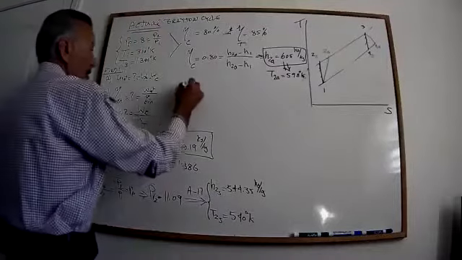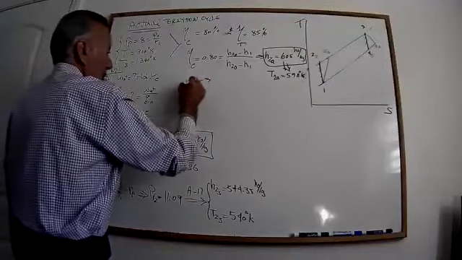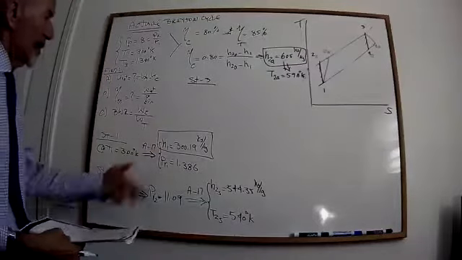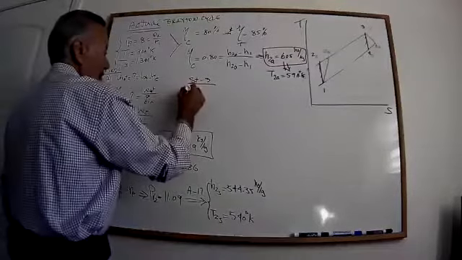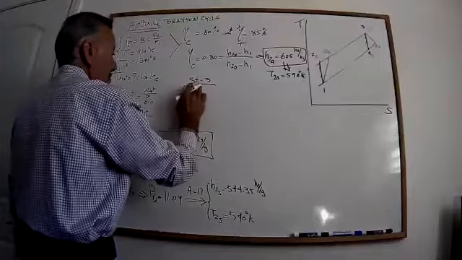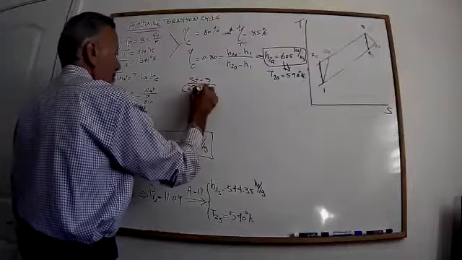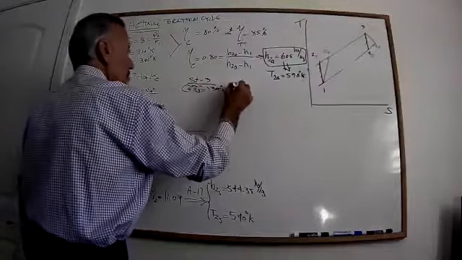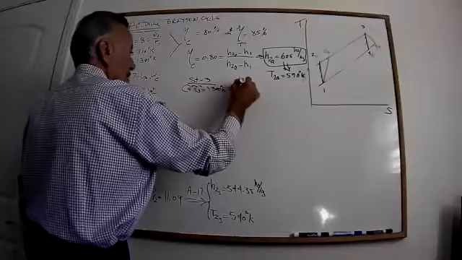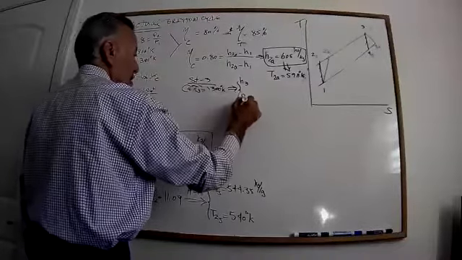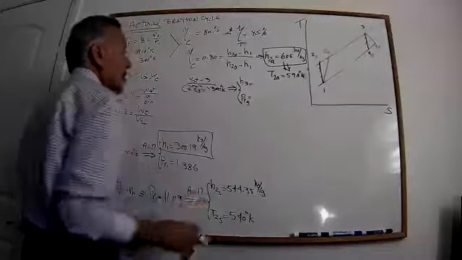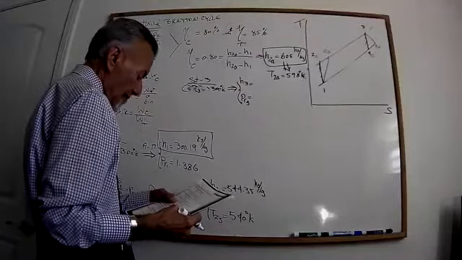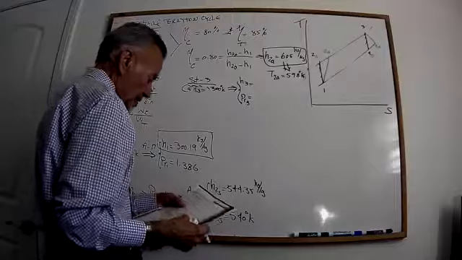Now I go to state 3. State 3 is basically repeating state 1 with a different number. At state 3, T3 is equal to 1300 degrees Kelvin. So I go to table A17, I find H3 and PR3.